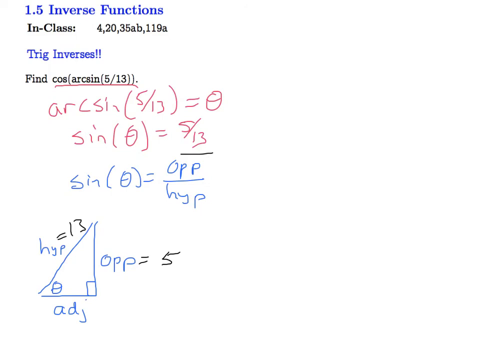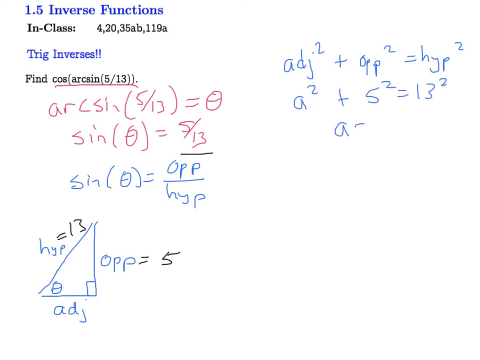Hopefully you also remember from the Pythagorean theorem that if we take the adjacent side and square it, add it to the opposite side squared, we get the hypotenuse squared. So in our case we have the a that we don't know squared plus 5 squared equals 13 squared, and if we solve this, we end up with a equal to 12.